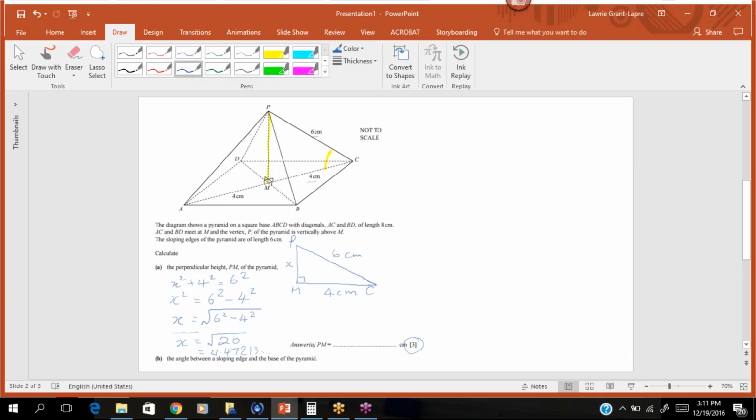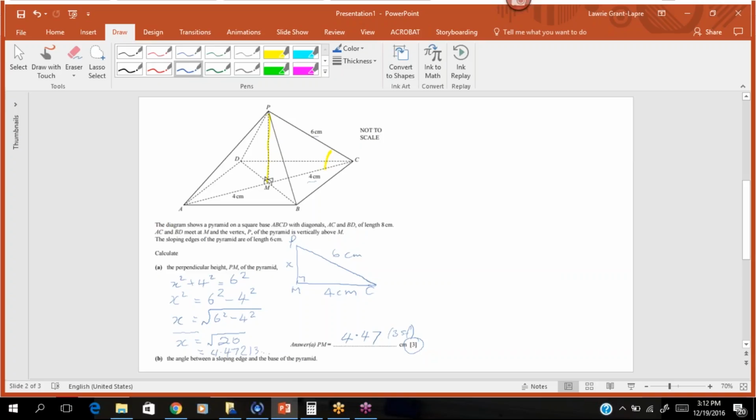So we will just take the 4, the 7, and the 2 means this will not go up to 8. So in here we'll write 4.47, and that's our 3 significant figures. You don't have to write 3 significant figures in a bracket, but that's what the instructions asked us to do.